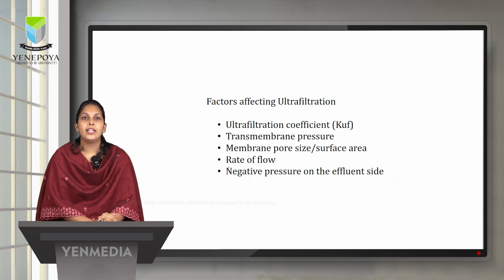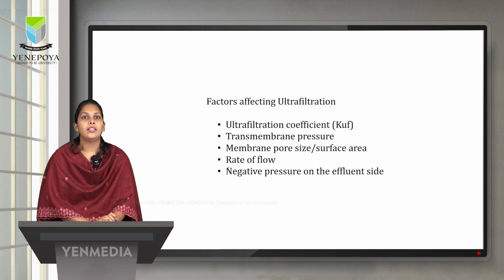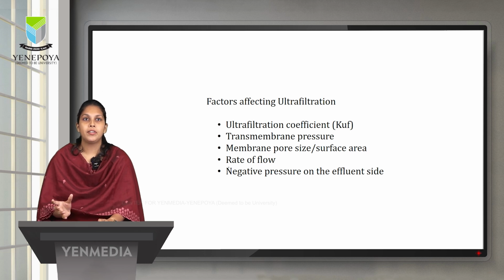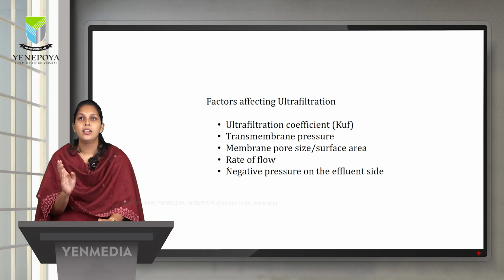The factors affecting ultrafiltration: first, the ultrafiltration coefficient, that is, the water permeability of the membrane. The next one is transmembrane pressure, which is the pressure given in the dialyzer between the dialysate compartment and the blood compartment.